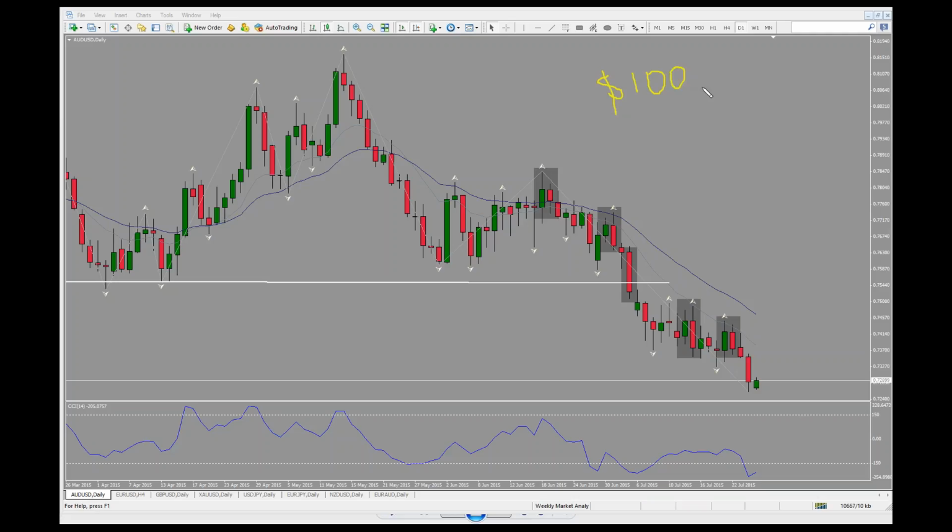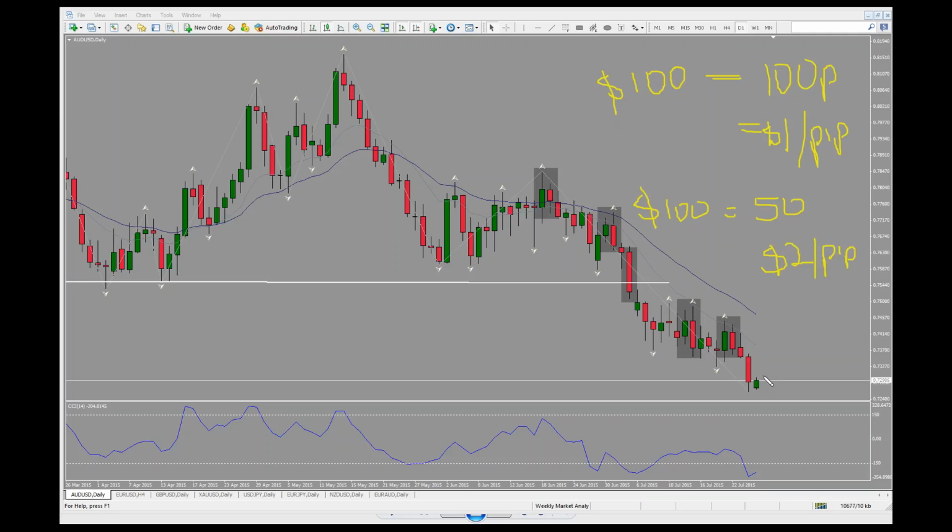Let's say my risk is $100 and the stop is 100 pips. That means I'm going to be trading $1 per pip. Everybody with me so far? Great. Now, if the risk is $100 but the stop is 50 pips, I now trade at $2 per pip.